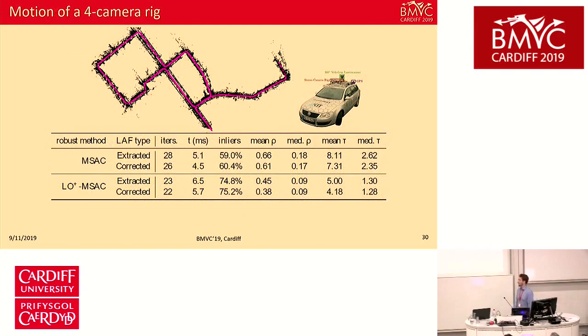And the last application is the refinement of motion estimation of a multi-camera rig. We considered different robust methods, and we were able to see a consistent improvement when using our refinement as a pre-processing step.